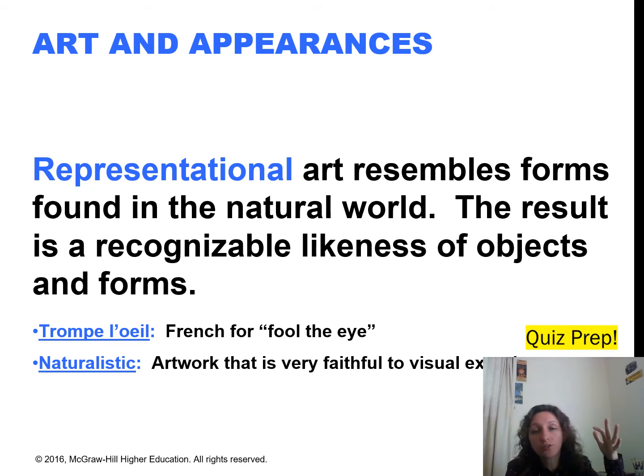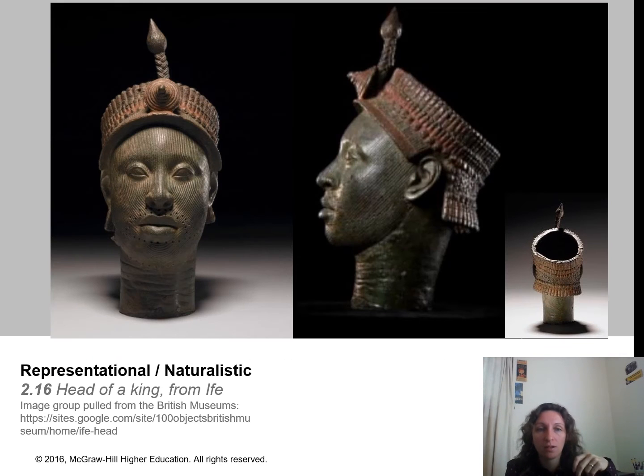Now, under the heading of representational, there are two subterms that you should know. One is trompe-l'oeil and the other is naturalistic. This is the representational naturalistic example from your book. This is a slightly different version than the one you see in the book, just to give you a little more context. What makes this naturalistic is the specifics of it.